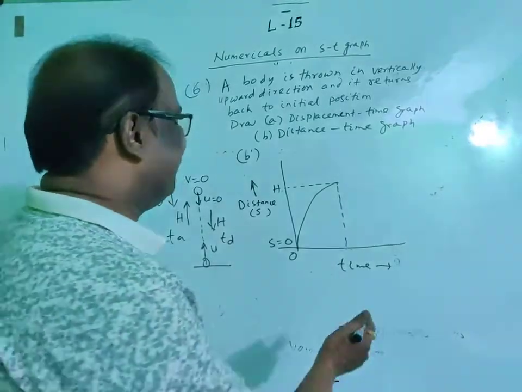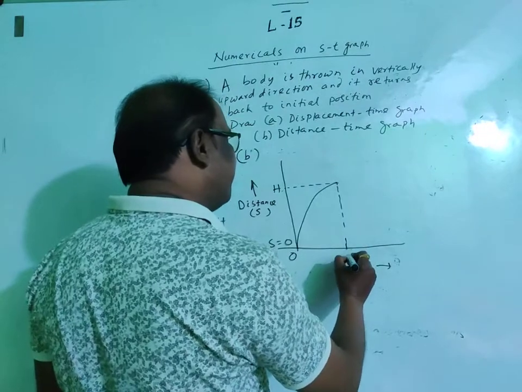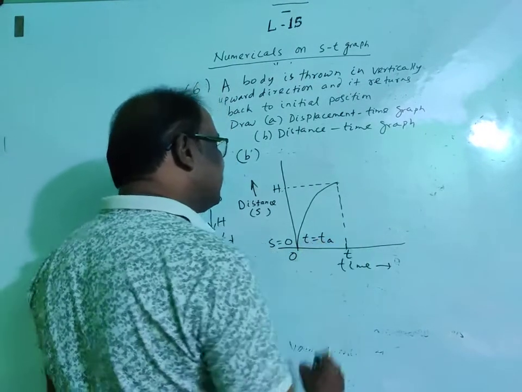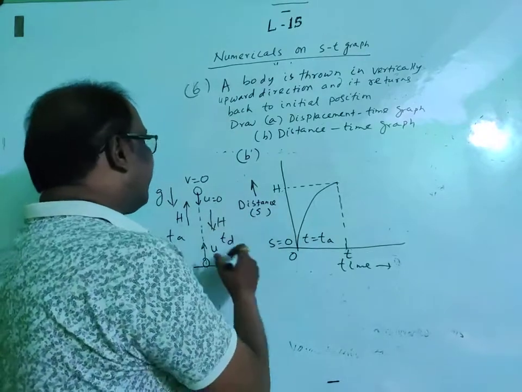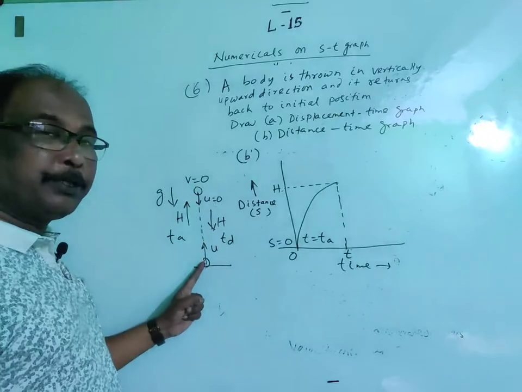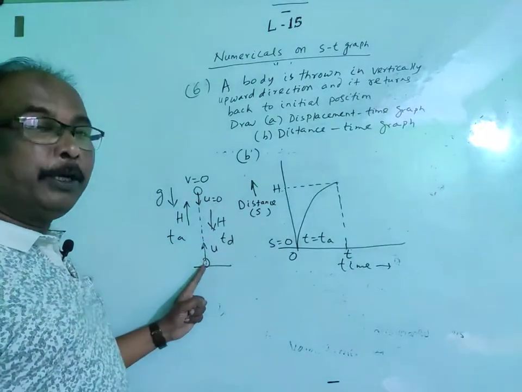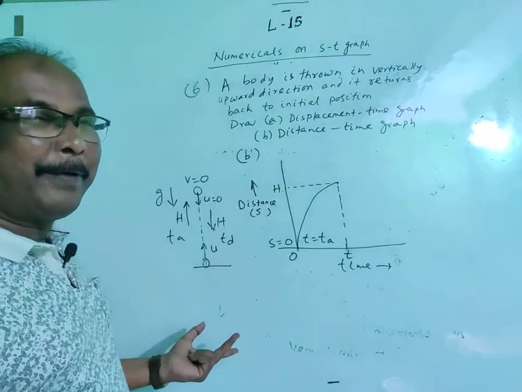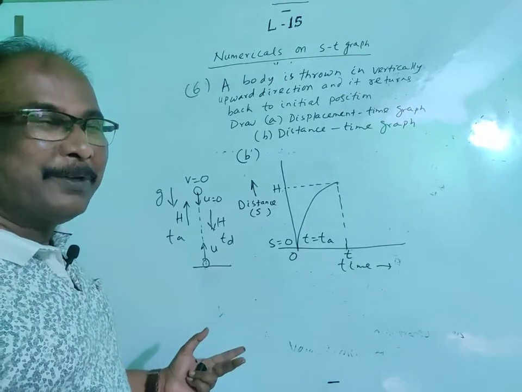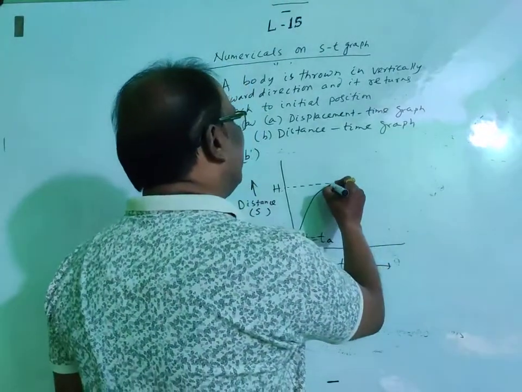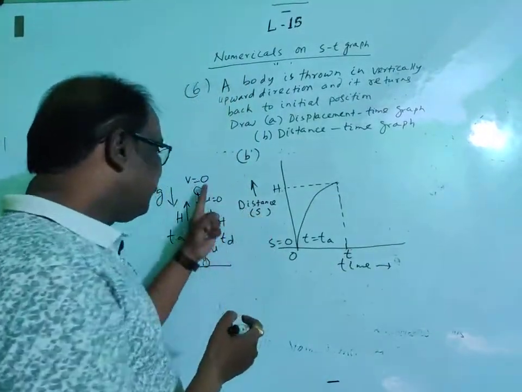So this time is t, means t is equal to time of ascent. Thereafter, again the distance increases in the opposite direction, but distance is scalar. It's not required to take direction wise. So again distance increases. So how will we show it?